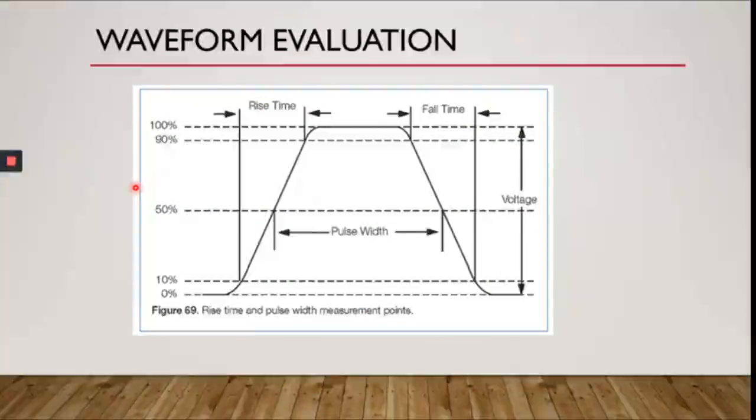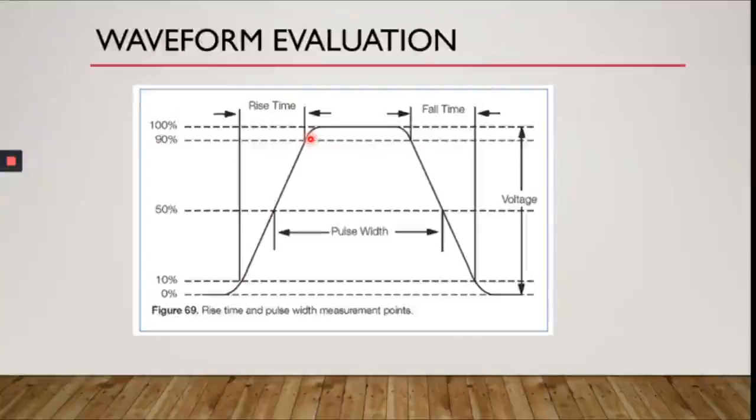Right? We can also use it to conduct waveform evaluation. Particularly, we are interested in the rise time, fall time, and pulse width. Rise time is the time it takes for a signal, starting from 10% of its rise, up to 90%.